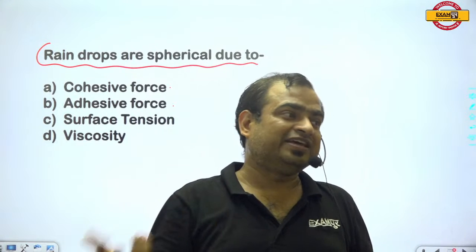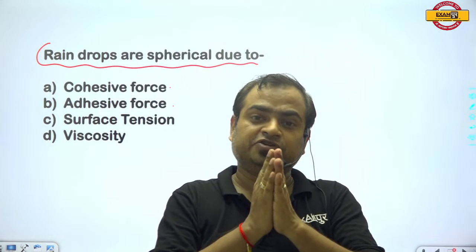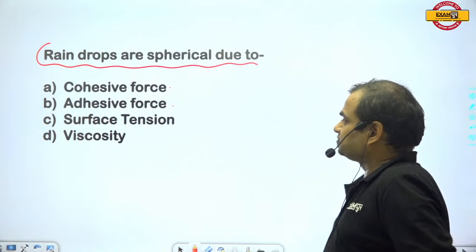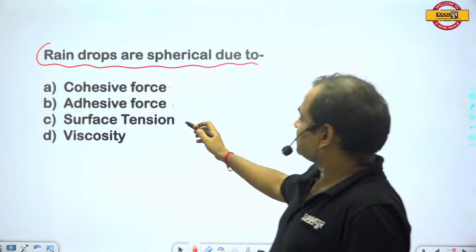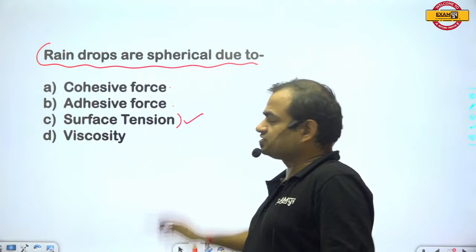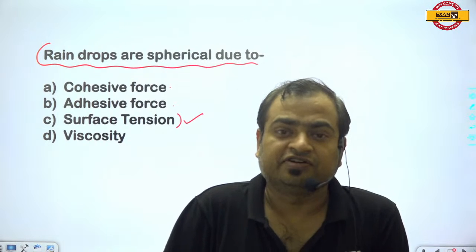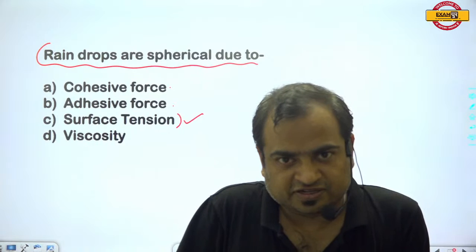Adhesive means anything that is responsible for the sticking of any two materials, any two different materials. Okay, that is the adhesive force. Surface tension, this is the correct answer, because due to surface tension, any liquid always tries to minimize its surface area.